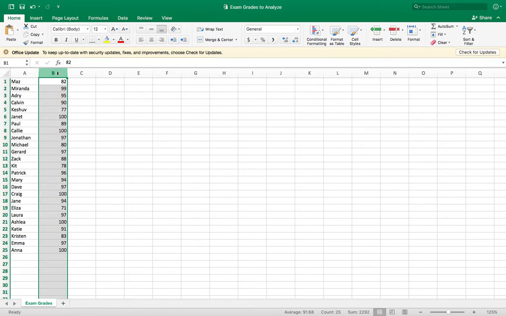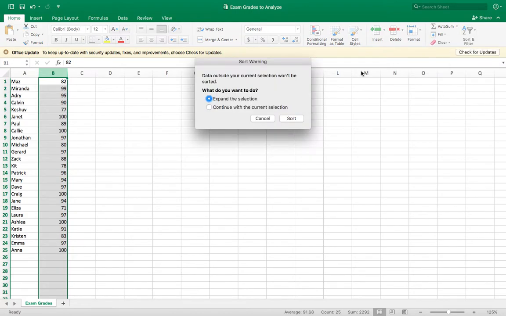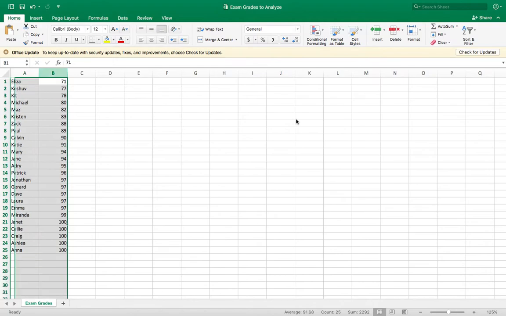So I'm going to highlight my column here, and I'm going to sort smallest to largest. Okay, I'm going to expand my selection, and here we go. Now what's happened is I have my data sorted from the lowest score, which is a 71, to my highest score, which is a 100.